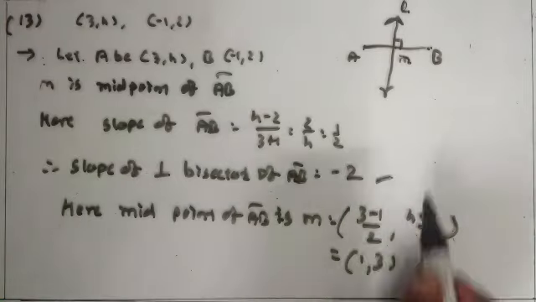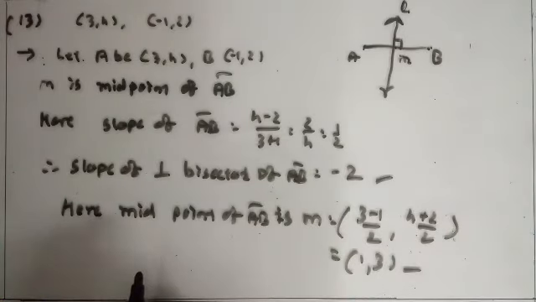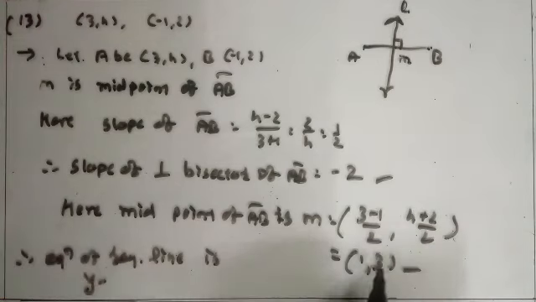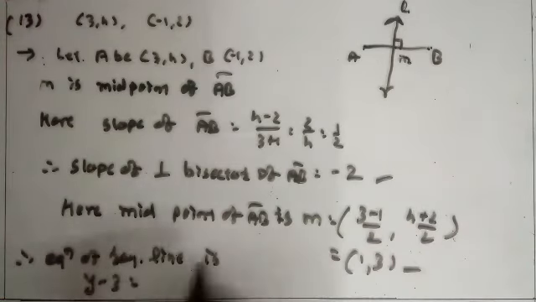Now using the slope and point, get the equation of the required bisector. Therefore, the equation of the required line is y - y1 = m(x - x1), with m = -2, x1 = 1.